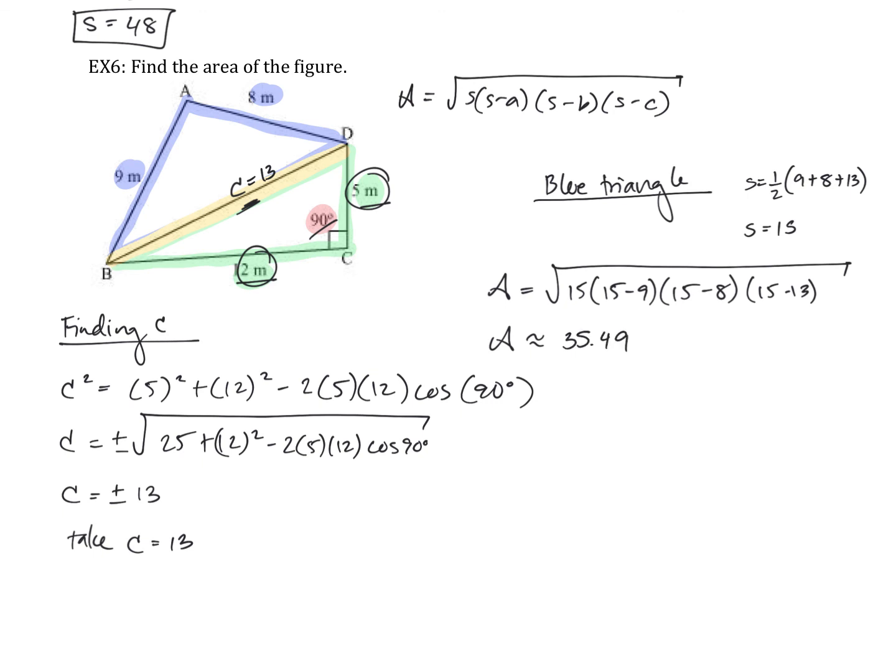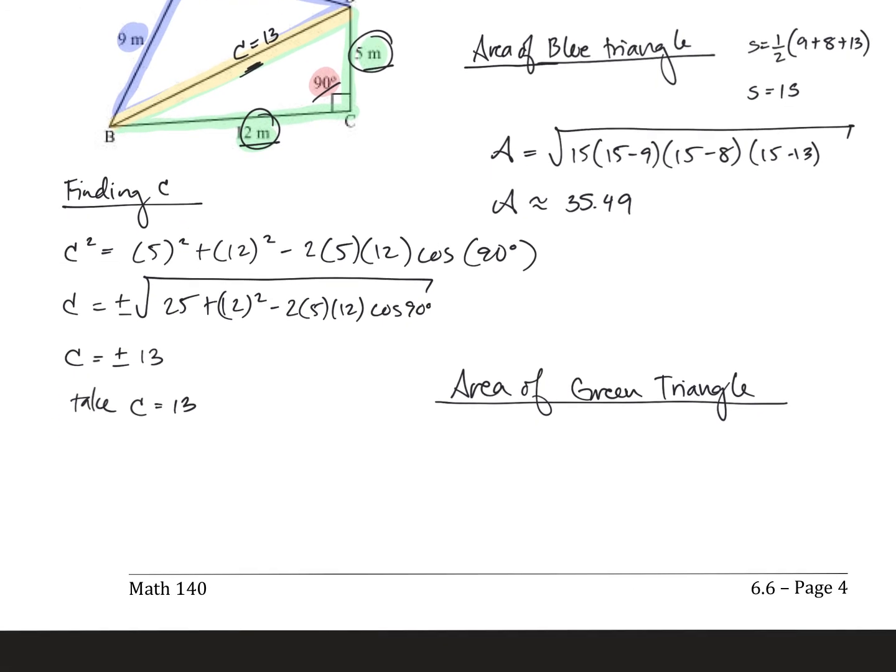And then let's go ahead and find the other area, the area of the green triangle. Okay, let's go ahead and find S. S is going to equal half of all the sides added together, so that's 12 plus 5 plus 13.